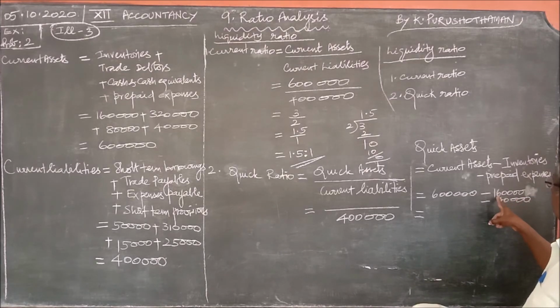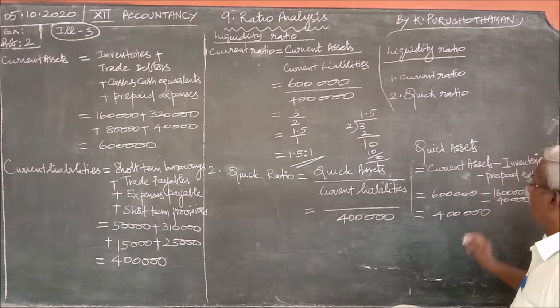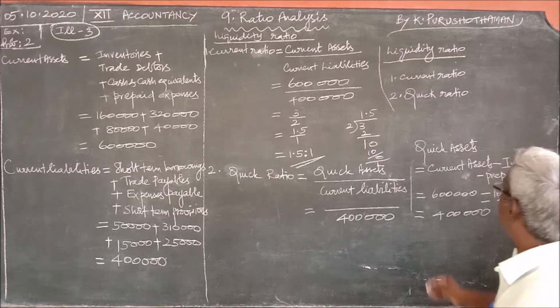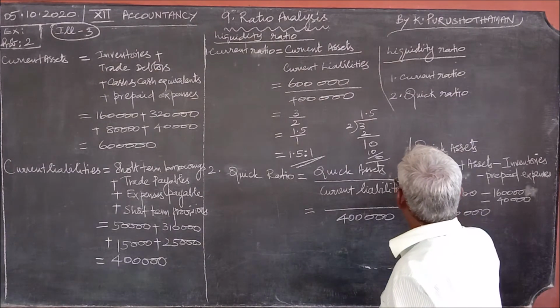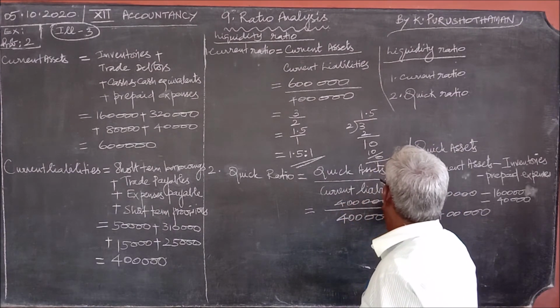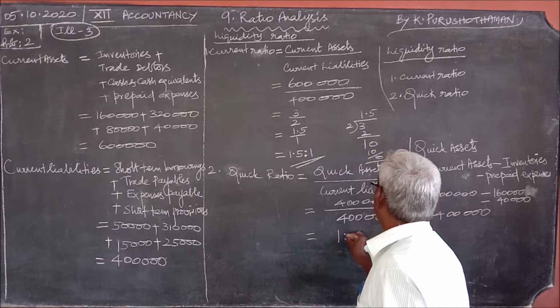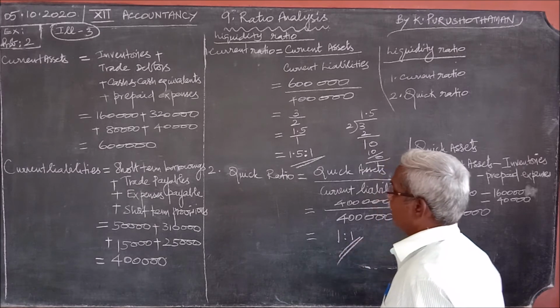So 1,60,000 plus 40,000, totally 2 lakhs we minus. So 6 lakhs minus 2 lakhs, it comes to 4 lakhs. Therefore, quick assets is also 4 lakhs. You write. So this is equal to 1 by 1. It is equal to 1:1.